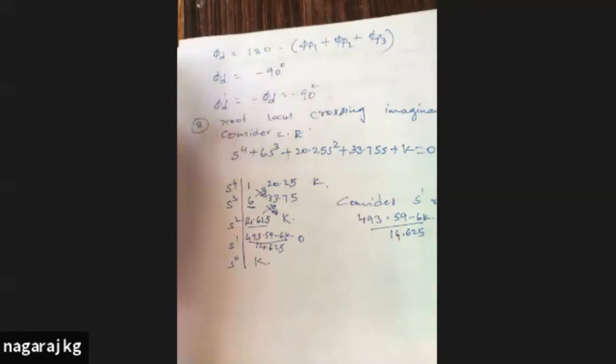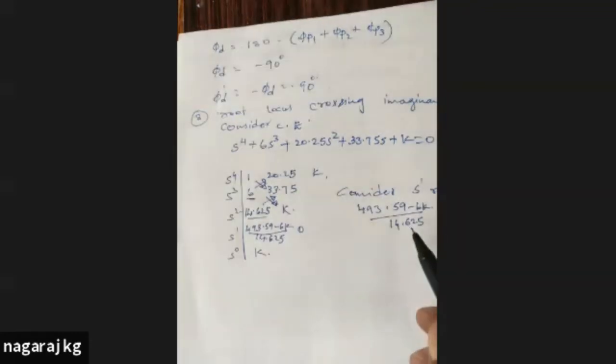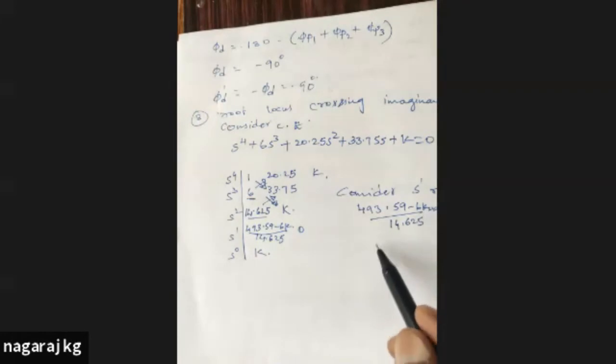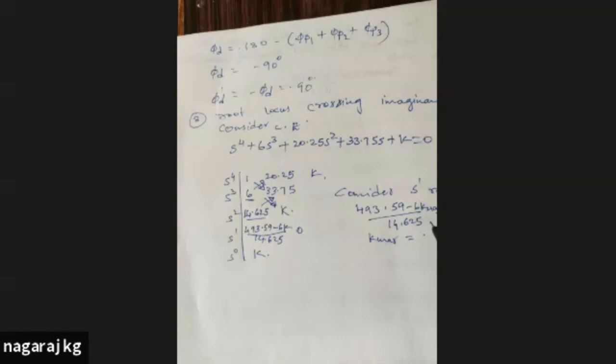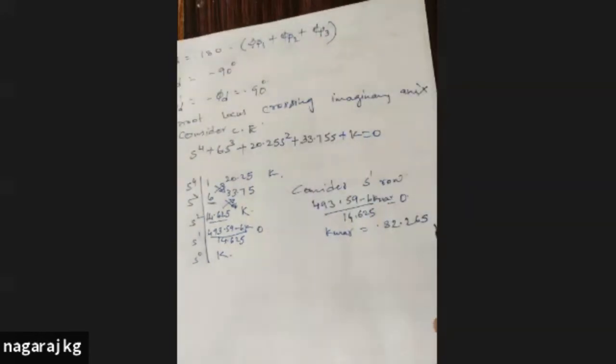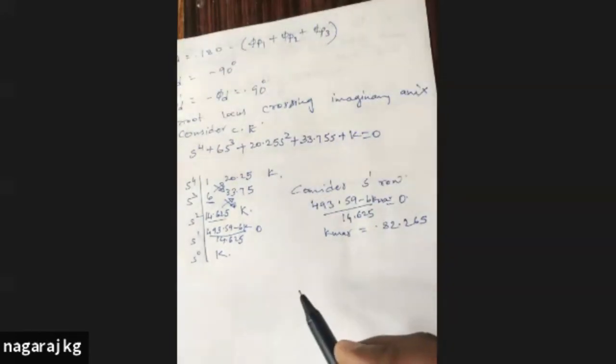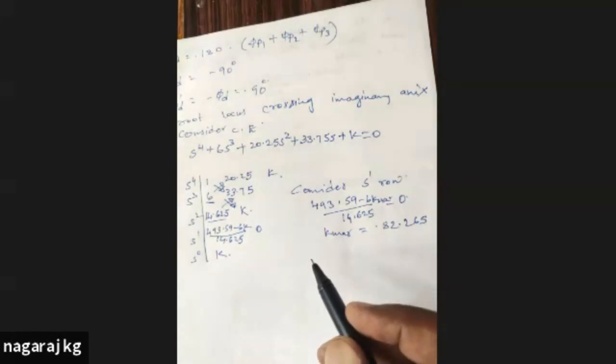Take this as equal to 0 and find out what K marginal is. When you equate it to 0, it will become K marginal. Therefore, you will get the K marginal value as 82.265. 82.265 is the value of K when it is crossing the imaginary axis.